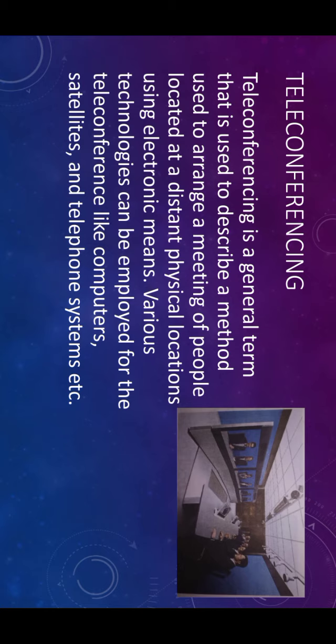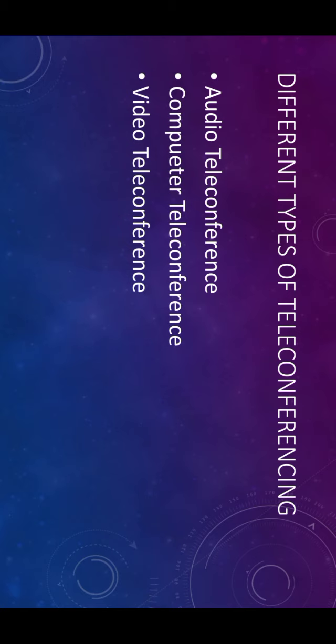Various technologies can be employed for the teleconference like computers, satellite and telephone systems, etc. Many teleconferencing methods enable two-way communication and users can send or receive messages at a convenient time without being present in the conversation. There are different types of teleconferencing, children. Audio teleconferencing, computer teleconferencing and video teleconferencing.